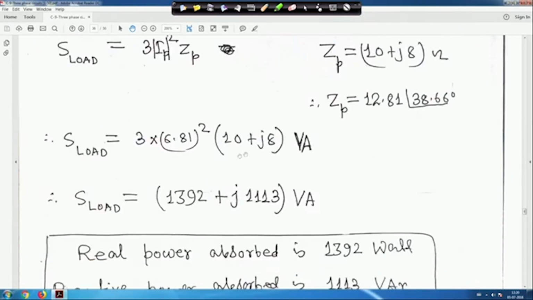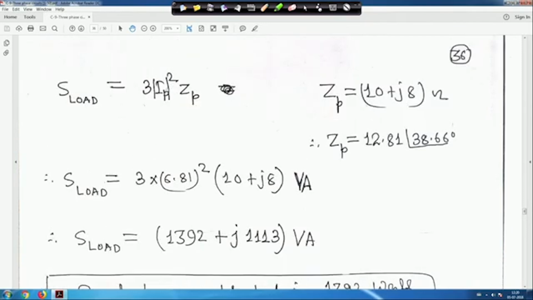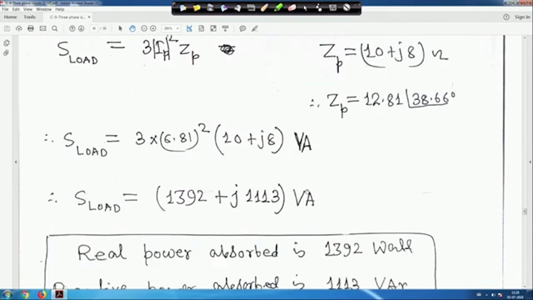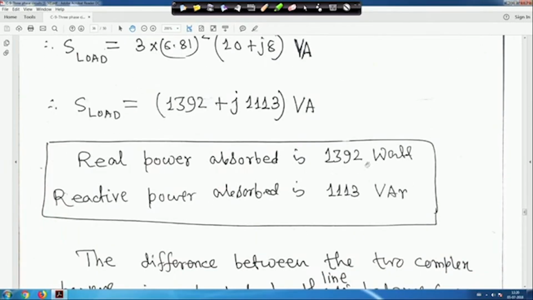Therefore it is 3 into 6.81 square into 10 plus j8, which is in volt ampere. So S load is equal to 1398 plus j1113 volt ampere. In this case the real power absorbed is 1392 watt and reactive power is 1113 var, and the total will be volt ampere.